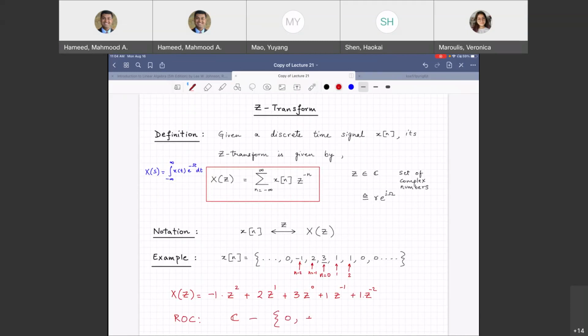In fact, I also have to subtract plus and minus infinity from it. Because of 1 over z, right? I have a 1 over z here. And when I have a 1 over z squared here, because of that, I need to subtract a 0 from there. And because of these terms, I need to subtract plus and minus infinity from there. So z can be anything in the complex plane, any r e to the j omega, except for 0 and plus and minus infinity. Good.